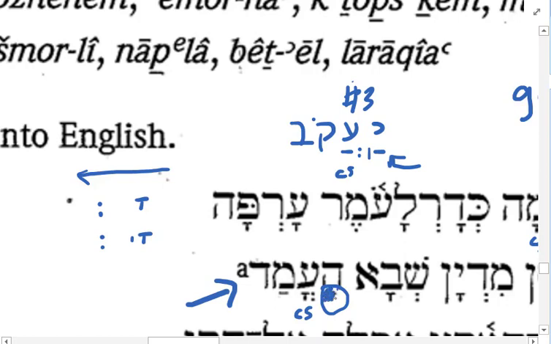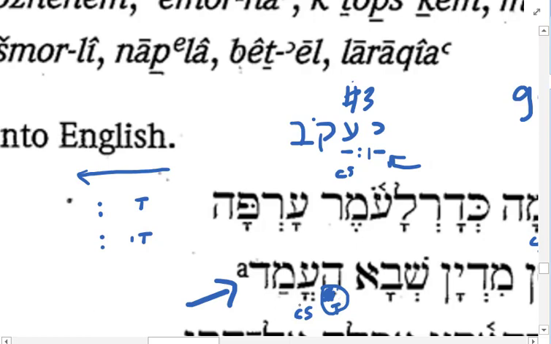So pretend like it's not there. It's just a symbol like this. So I'm not going to use metheg's presence or absence. I'm just going to ask myself, is this a closed syllable? And what's the answer to that? Hey gets a vowel under it, right?